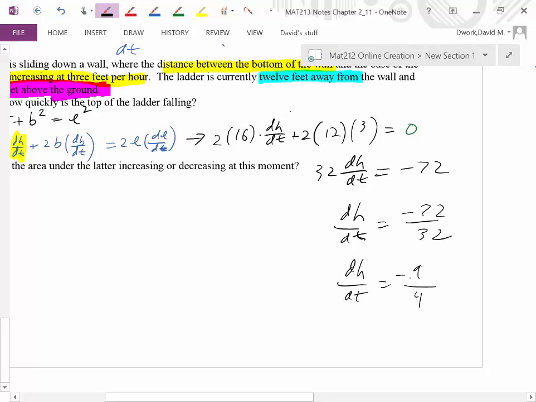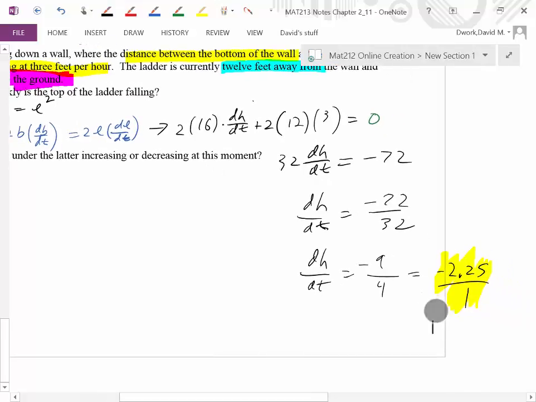So what does that mean? Does it make sense that we have a negative? Well, let's see. What we're talking about here is the change in height over change in time. And if you wanted to, by the way, you could also write this as a decimal, which would be negative 2.25, which might be a little more natural to talk about it. So I'll use this decimal version of it. Okay. So what is this saying? The height, when it's a negative, it means it's getting smaller. Does that make sense? Well, yeah, the ladder's falling down.